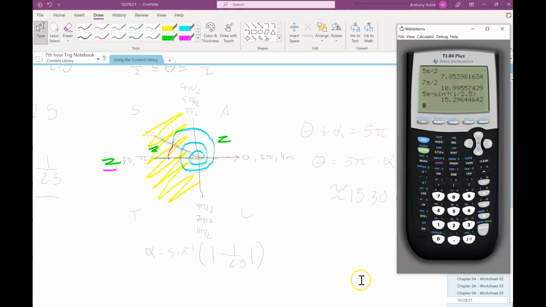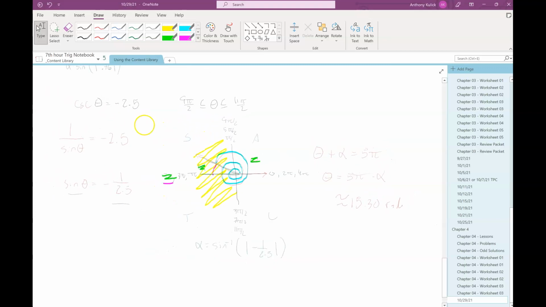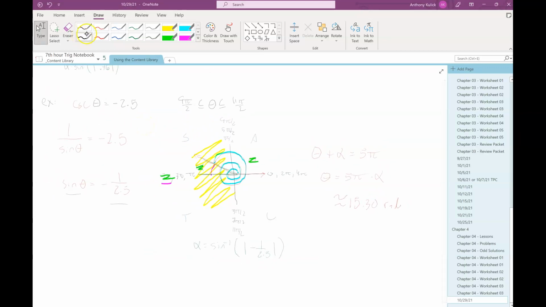And again, if I wanted to check that, I'll notice that sine of that number does give me 1 over... Oh my, great googly moogly. Okay, let's just do this. This will make life easier. Joe answered the wrong thing for me.